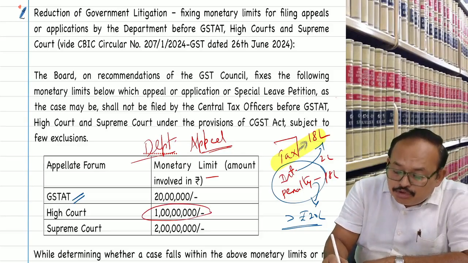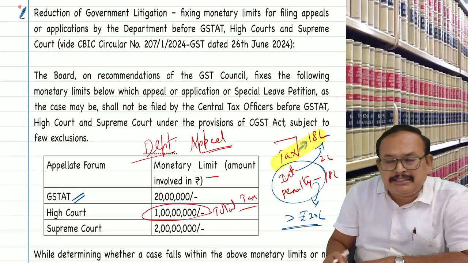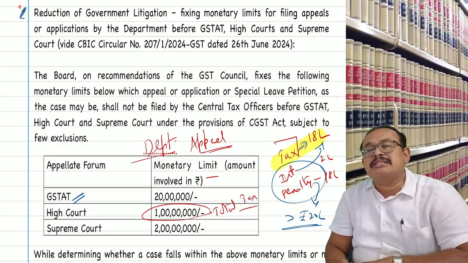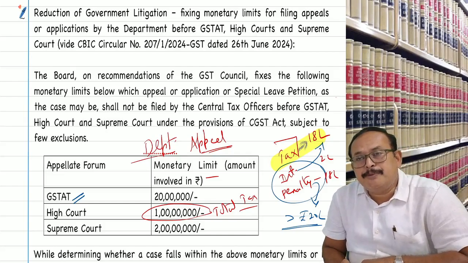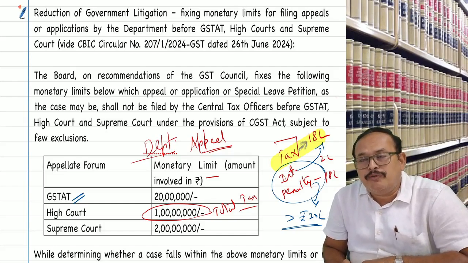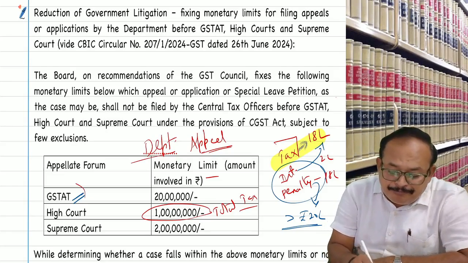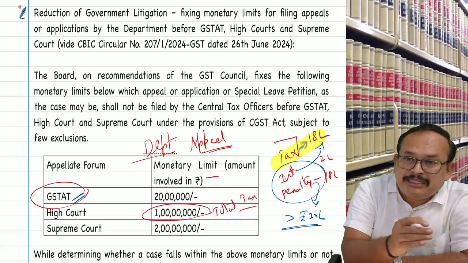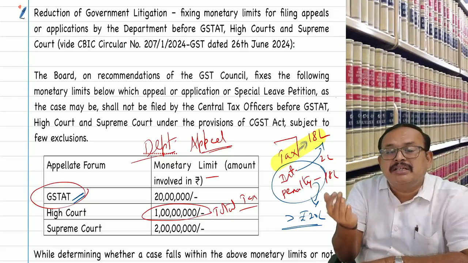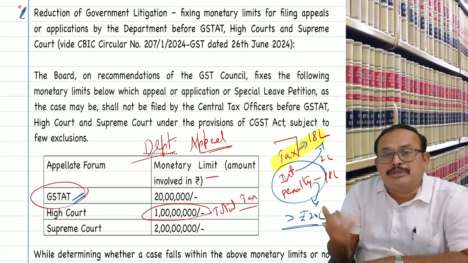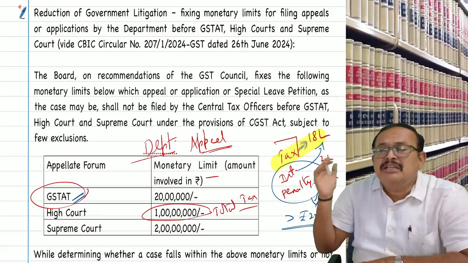This is total tax, CGST, SGST, IGST, everything, including compensation cess. Up to 1 crore of tax dispute, if the tribunal gives judgment in favor of the taxpayer, the department is not allowed to appeal to the High Court.